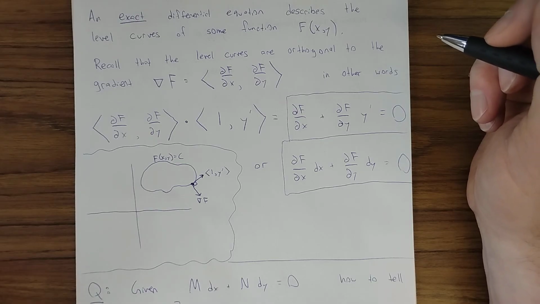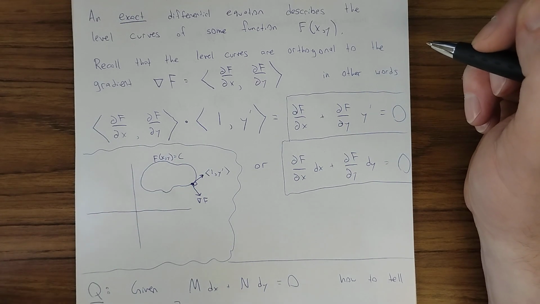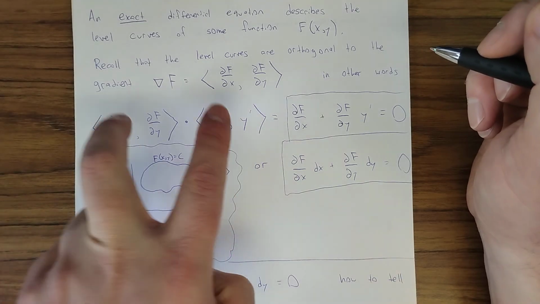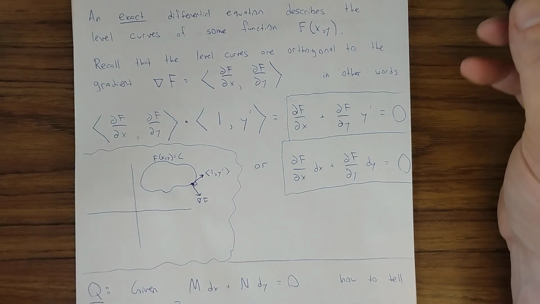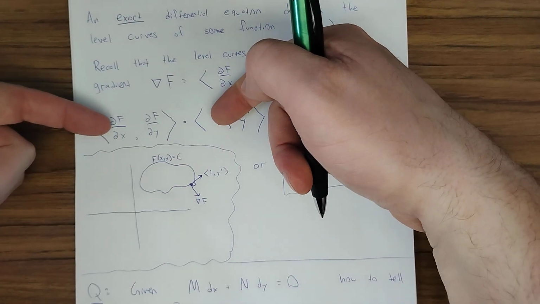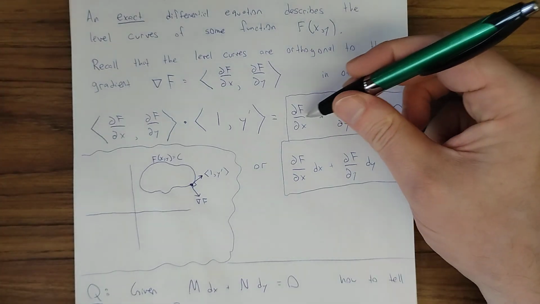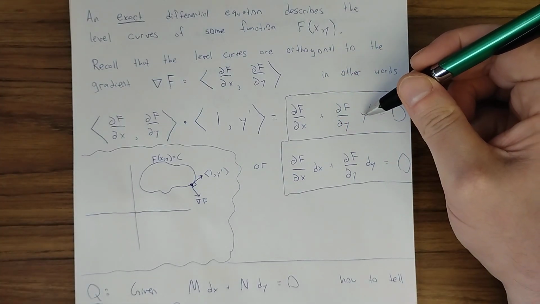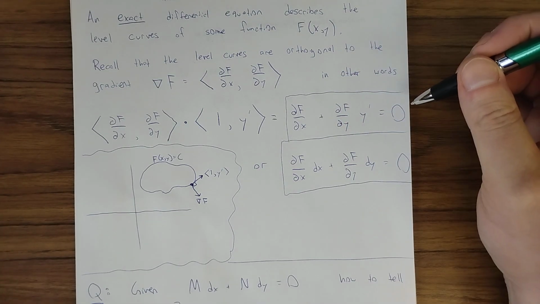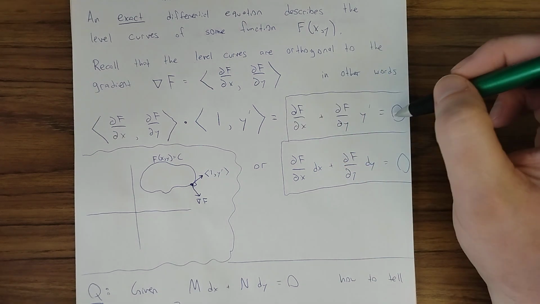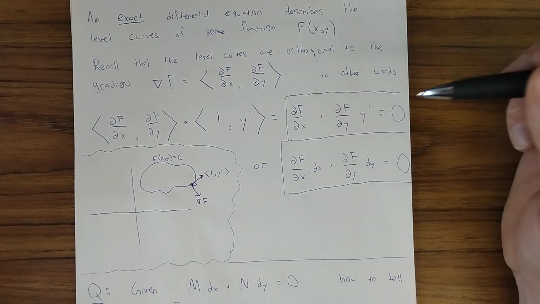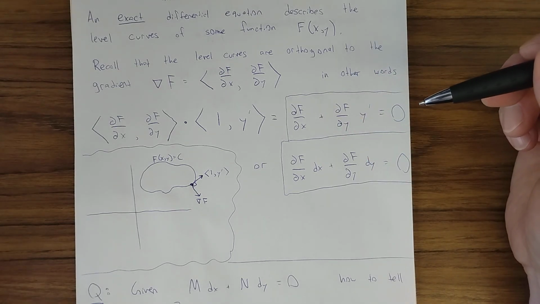So what we're saying is these things are orthogonal. And so what does that mean? Their dot product should be 0. So I take their dot product. And so that's this times this plus this times this, and that's here. And because it's supposed to be orthogonal, the dot product should be 0. So this should be 0. What I just wrote is the form of an exact differential equation.